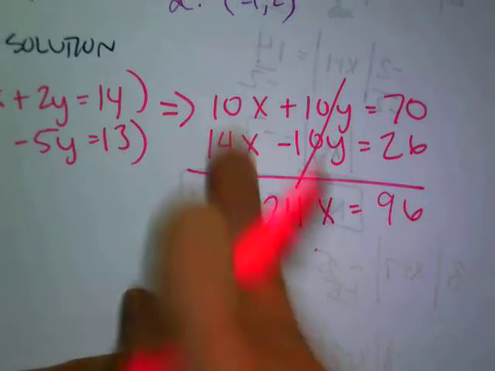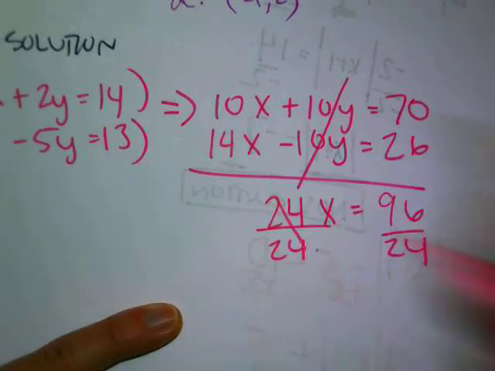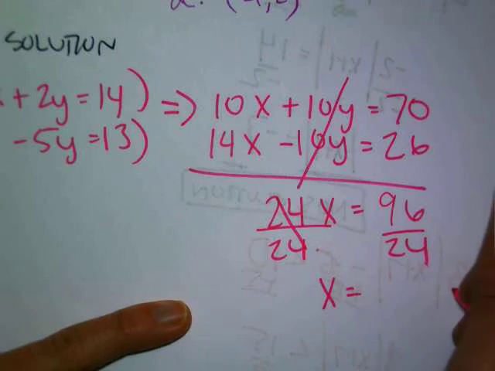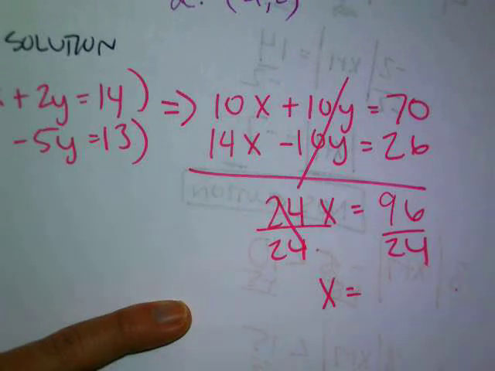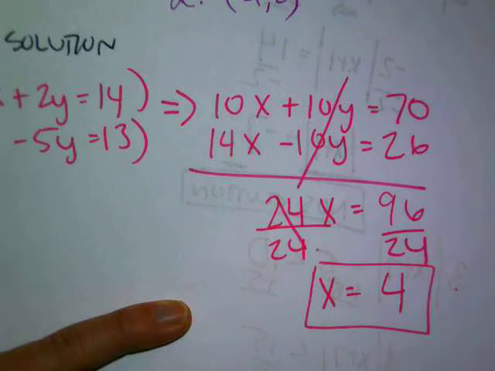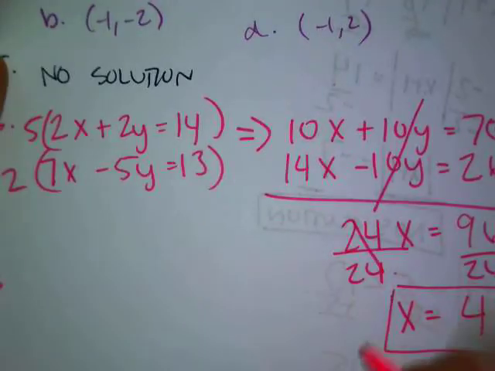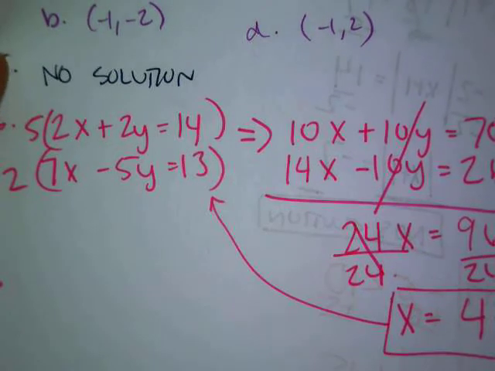I added up the x's, I added up my numbers, and now I can solve for x by dividing by 24. And what does that give me? 4. Yes, that's right, 4. So I found x, now I need to find y. I'm going to plug my x back into one of these.